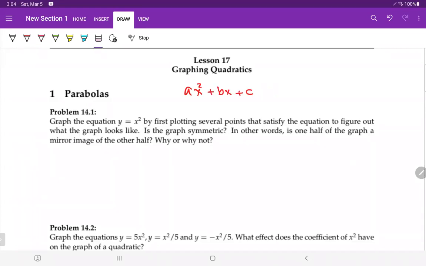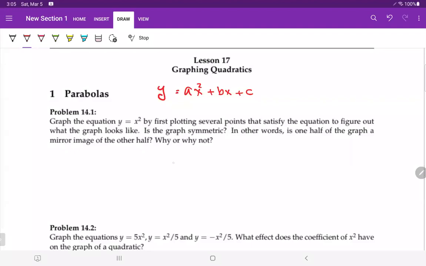Without equals 0, we have an expression. This is a quadratic expression. When we have equals something, this is a quadratic equation. When I delete this and say y equals this, we're going to have a quadratic function. So 3 things, basically.